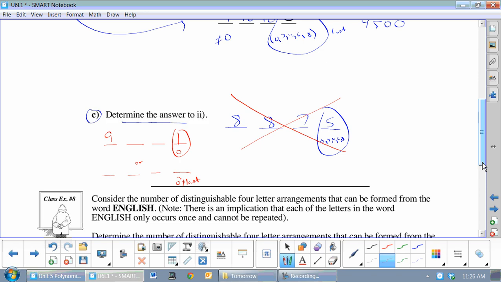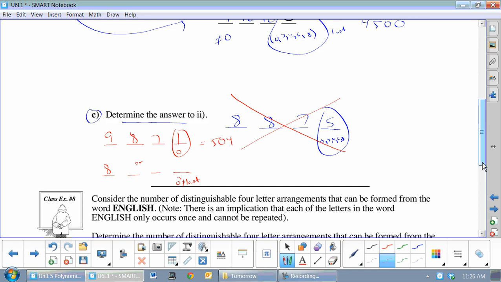I'm not allowed to use 2 or 0, so there'd only be 8 there, right? Let's go back to the first one now. How many choices do I get for the next blank? I'm not allowed to use 0 or that very first number. So how many do I have now? 8 and then 7. And you'll see this will give the answer 504.